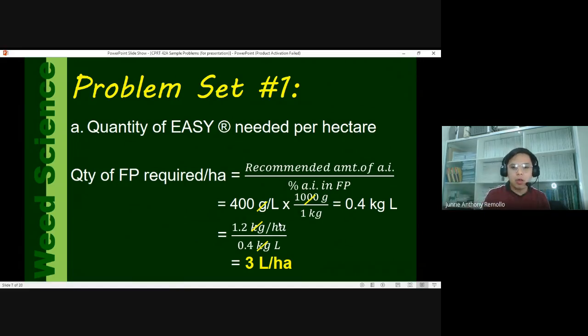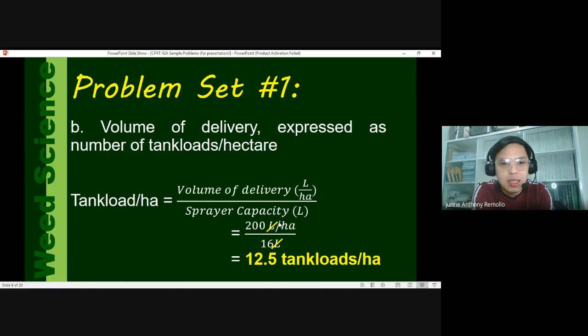If you go back to the earlier slide that I showed, in order to obtain the quantity of the formulated product required, we must remember that we need to use liters per hectare as the unit.